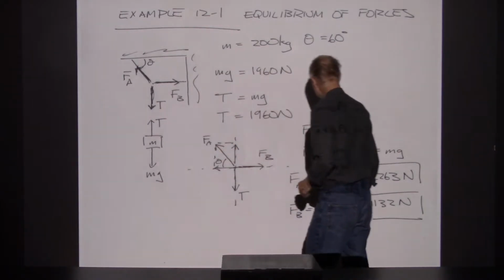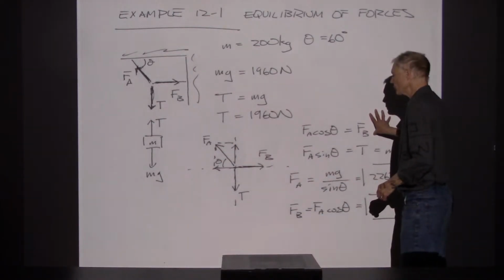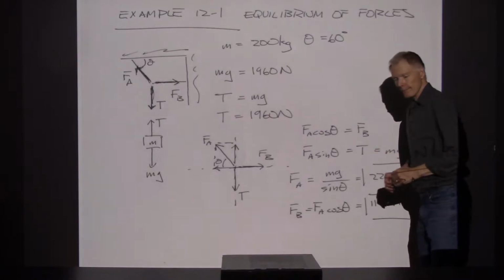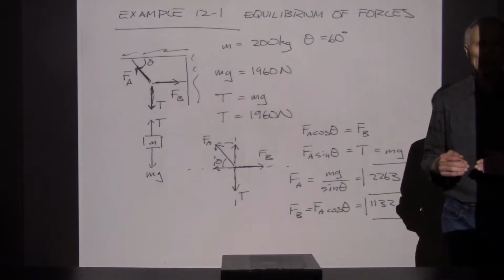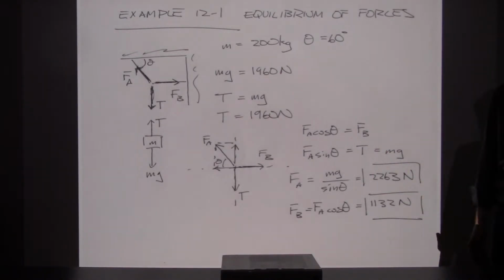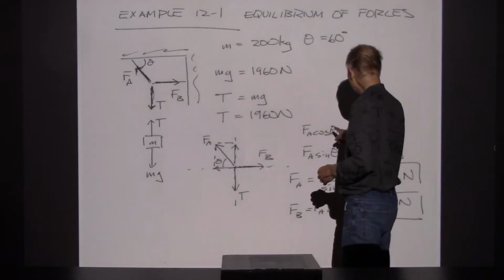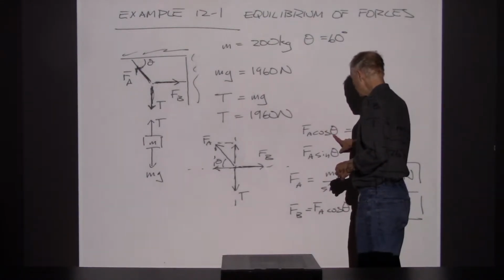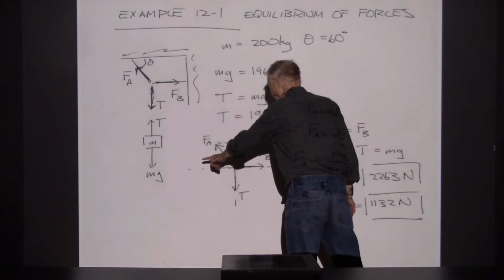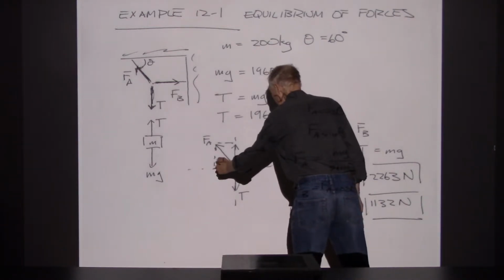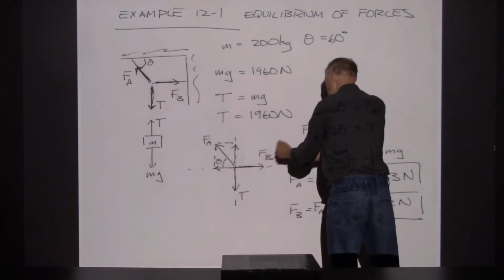Now I haven't written those in, but what I've done over here is say the forces in the x direction have to add up to be 0. The forces in the y direction have to add up to be 0. And that means that if I look at the horizontal components, I've got FA cosine theta here, and I've got FB to the right.